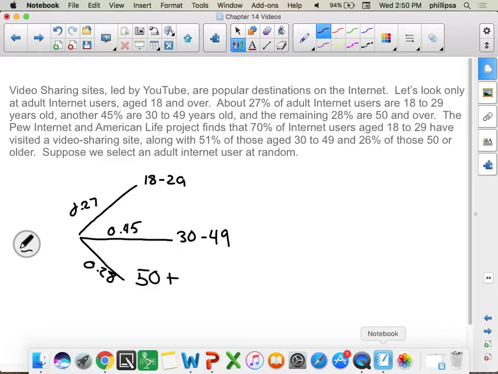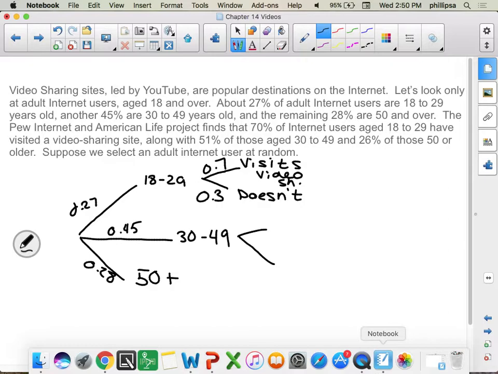Of the 18 to 29 group, 70% of the internet users have visited a video sharing site, so that means 30% don't. It's a lot to write, so I'm going to leave it at that.